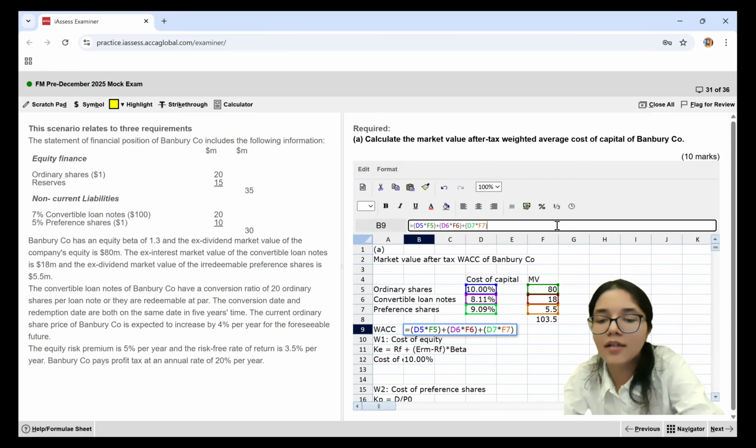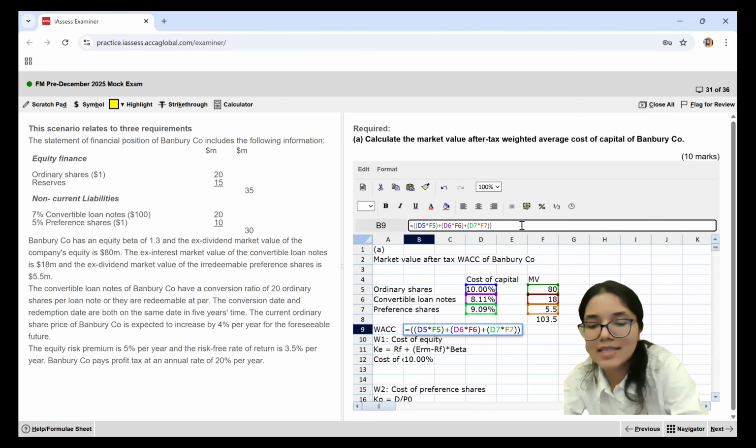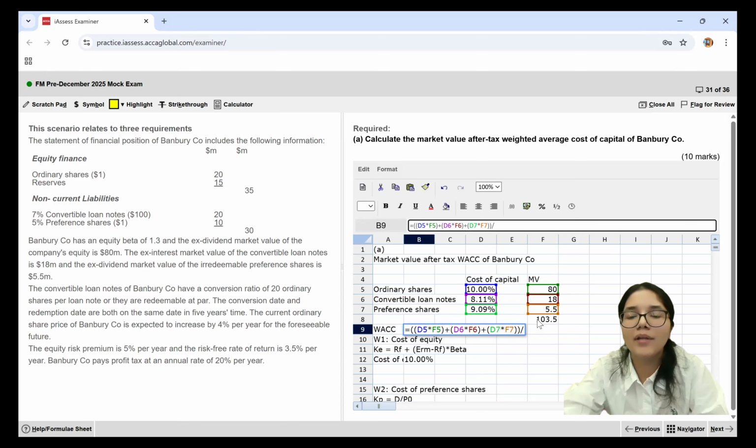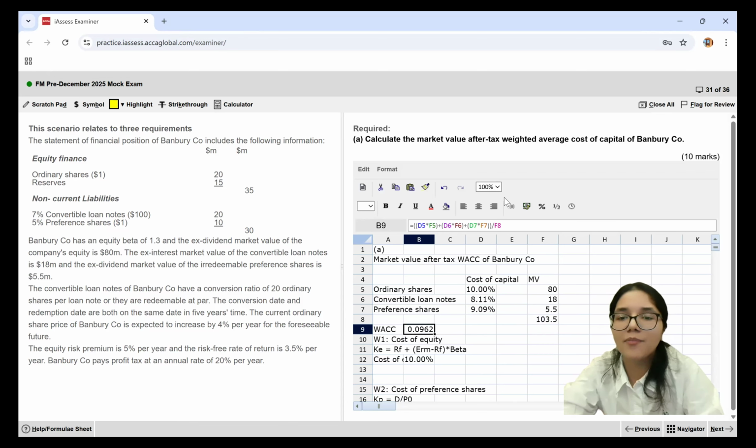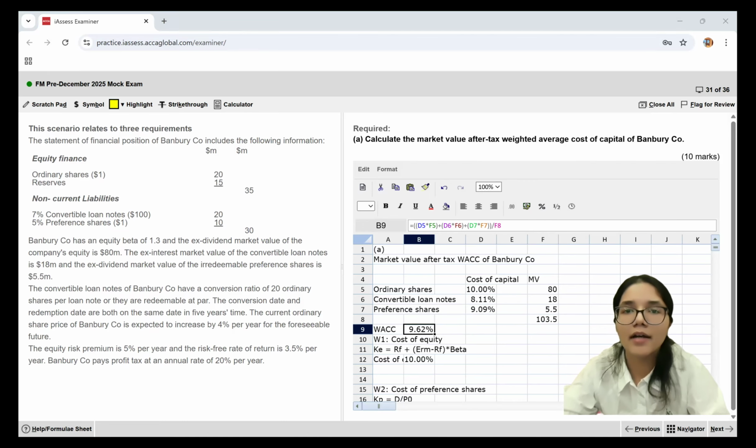This is my numerator. I can put another bracket so that my numerator as a whole is separated. And then for the denominator, I can simply take 103.5, which is going to give me my weighted average cost of capital. So as a business, 9.62%, this is my weighted average cost of capital.